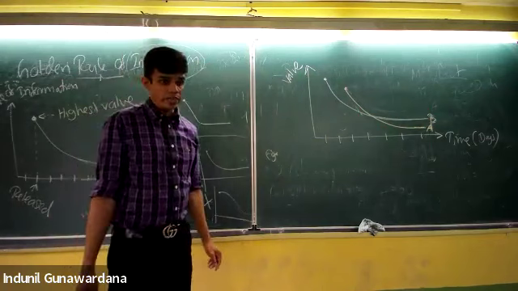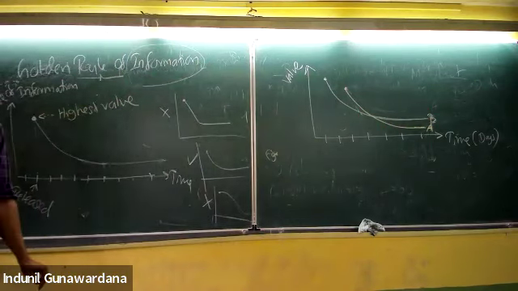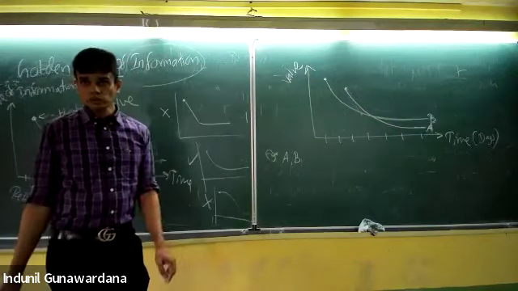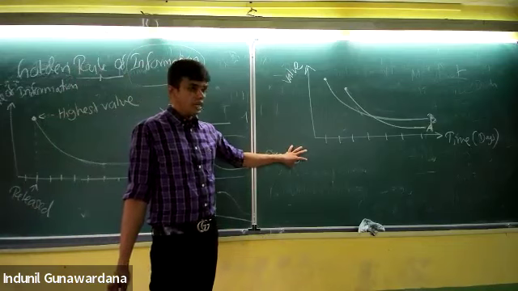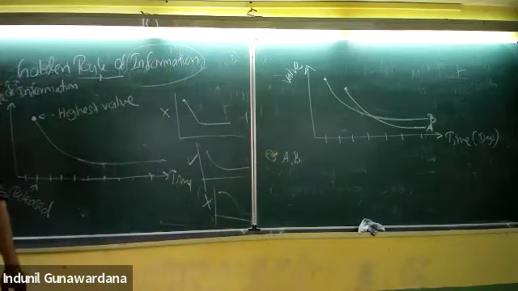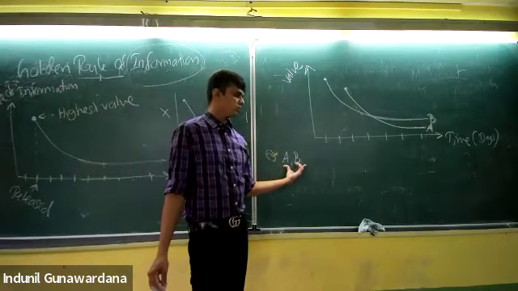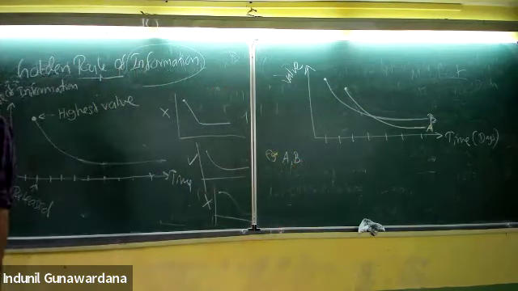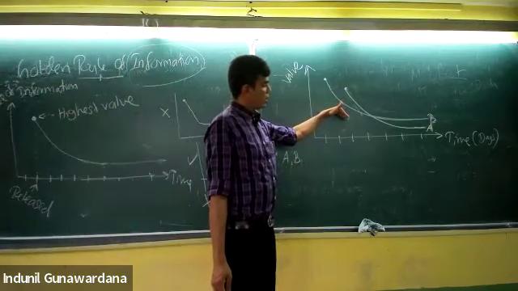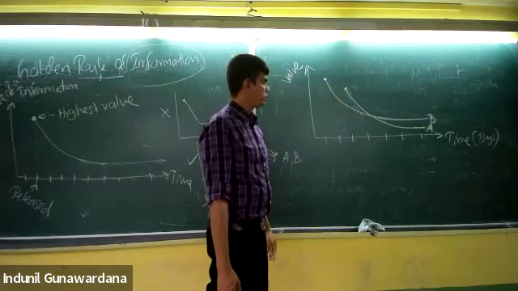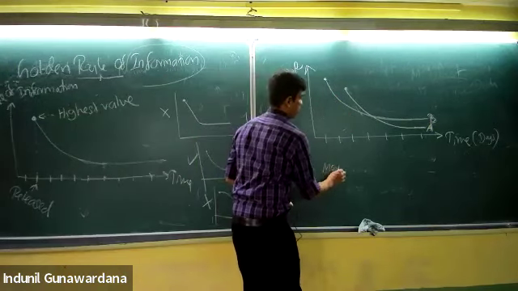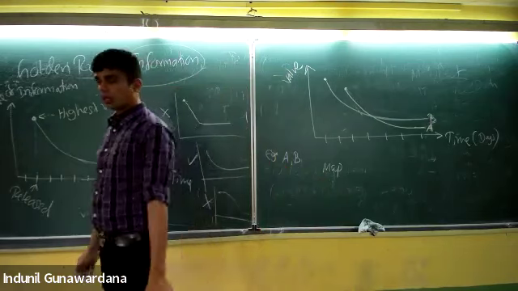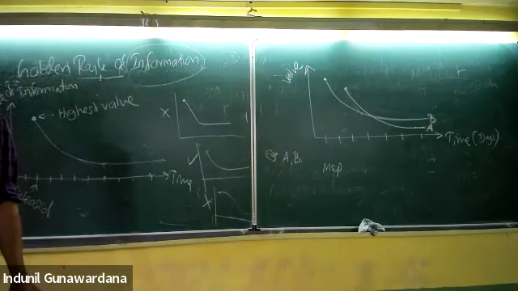There are two events named as A, B taken place in different time slots, and map them on the graph according to the golden rule of information.